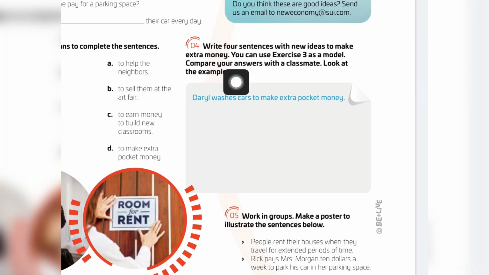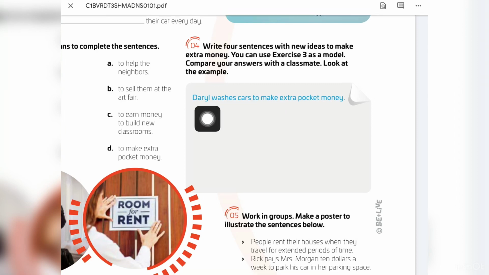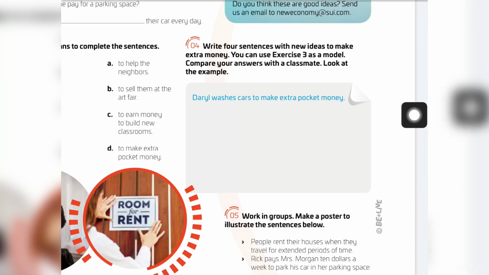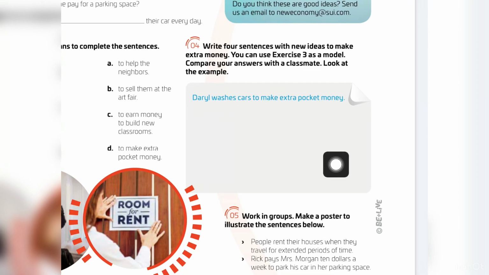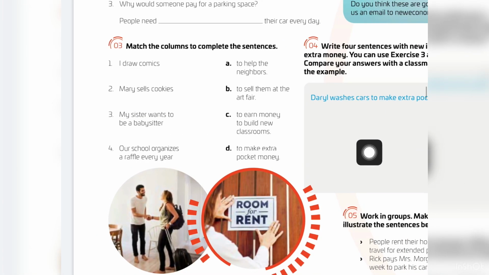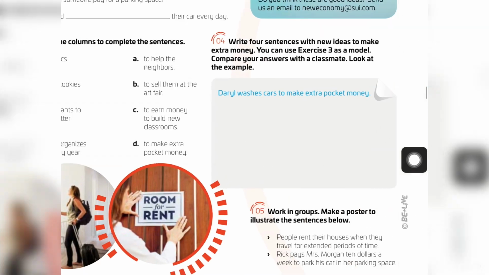This point is going to be in class, but in order to know it, write 4 sentences with new ideas to make extra money. You can use exercise 3 as a model. Compare your answers with a classmate. Look at the example. So we can create different sentences, but you can use point number 3. When you link the 2 columns, you create one sentence, and you are going to include it here.